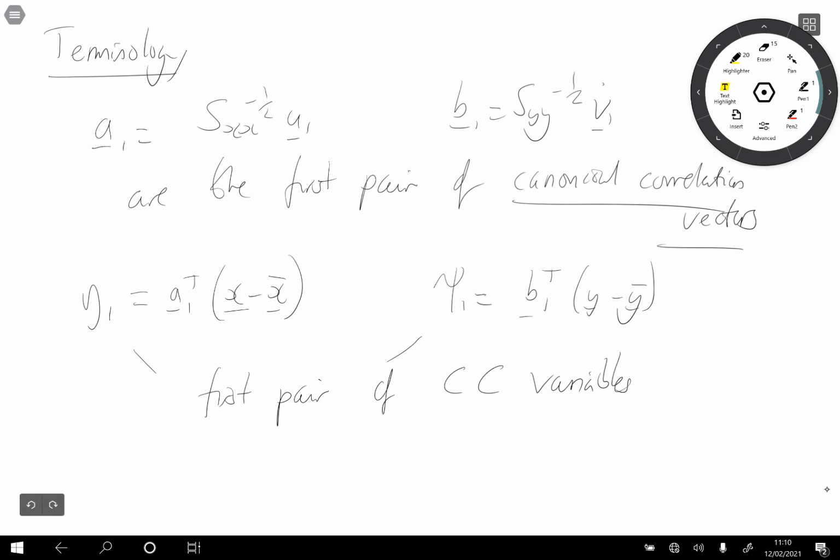Okay, so they're like the principal component scores, the transformed variables we had in principal component analysis. These are the transformed pair of canonical correlation variables. And finally, we have sigma_1, which is the correlation between eta_1 and psi_1. This is the first canonical correlation.